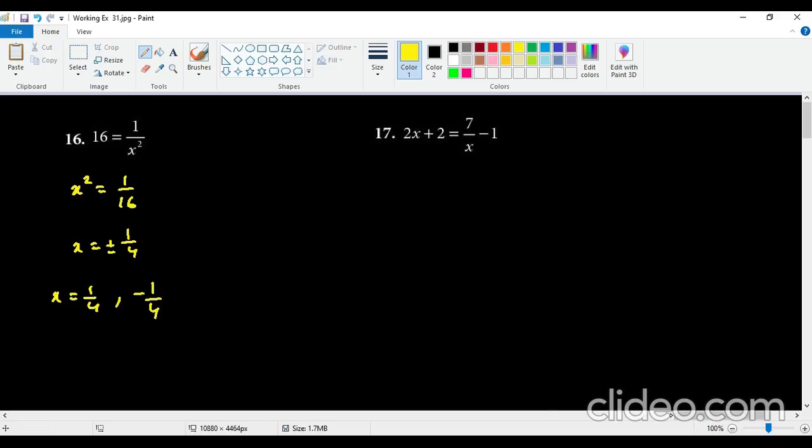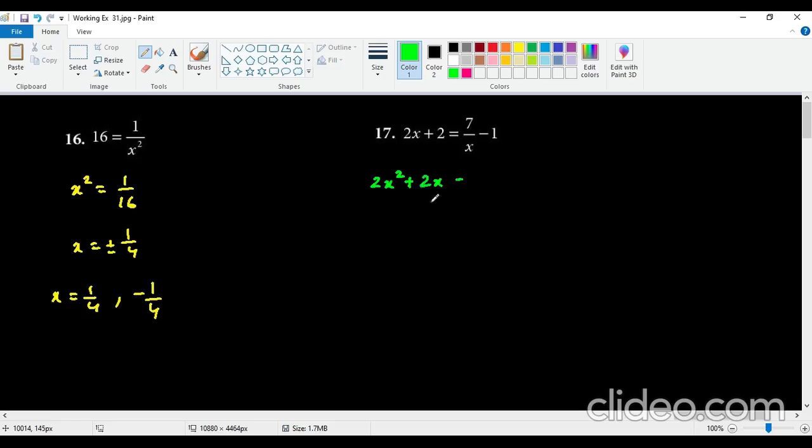to question number 17. And in question number 17, we multiply everything by x to give us 2x squared for the first part and plus 2x for the second one. And the third one, which is on the other side of the equal sign, is going to be 7 only and minus x.